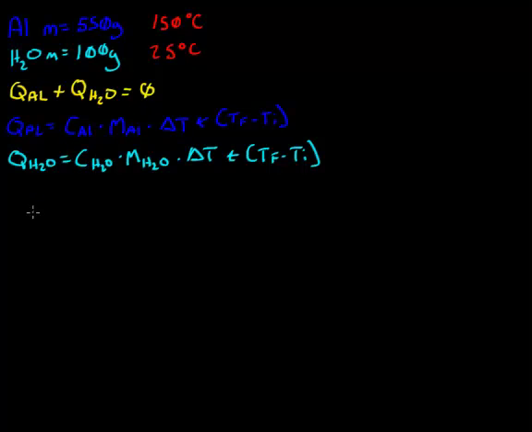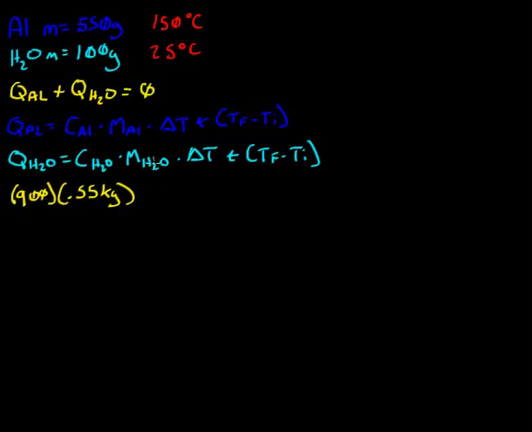equal to 0. So the specific heat of aluminum is 900, and you're going to multiply that times the mass of aluminum. We have 550 grams, but we have to convert that to kilograms, so that's 0.55 kilograms.